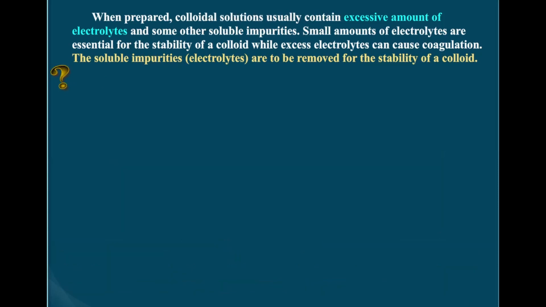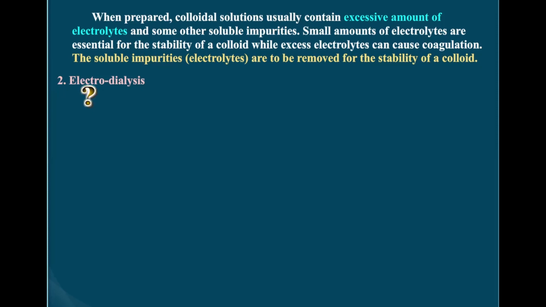Colloidal solutions usually contain excessive electrolytes and other soluble impurities. Small amounts of electrolytes are essential for stability, while excess can cause coagulation. The soluble impurities are to be removed for the stability of a colloid, as written earlier.